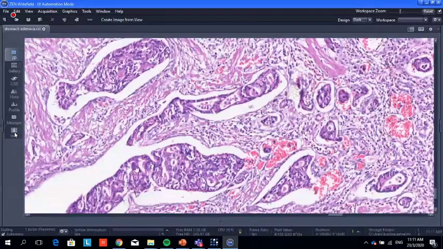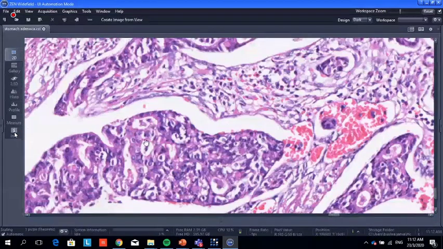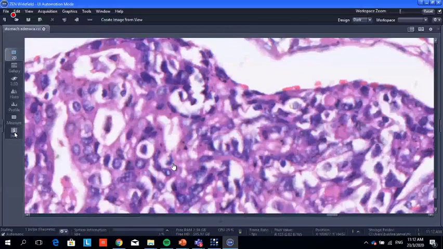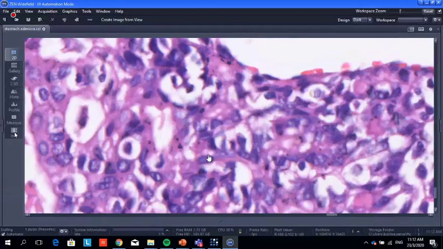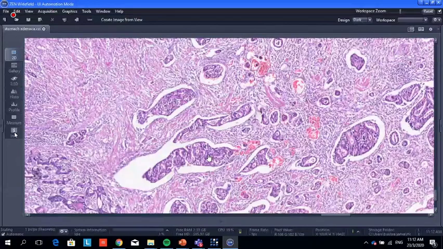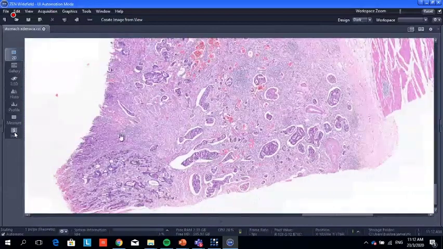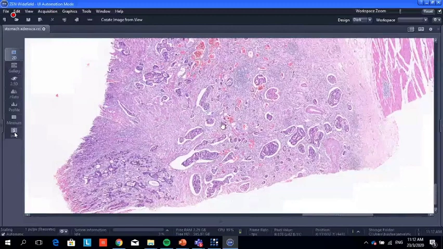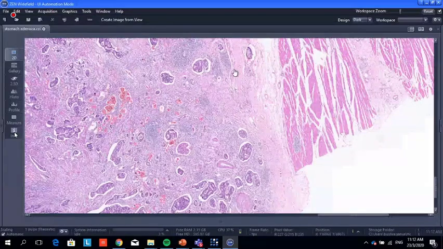How is it? They are irregular and branching, like cribriform. They are filled with malignant cells, which are hyperchromatic with irregular nuclei. Look, the tumor is invading. Remember that this is the mucosa, and this one we said is submucosa.